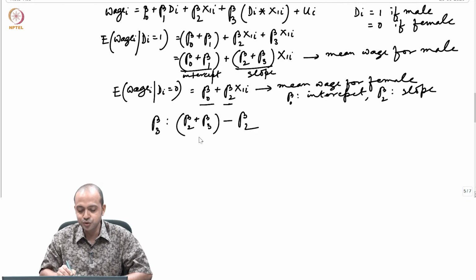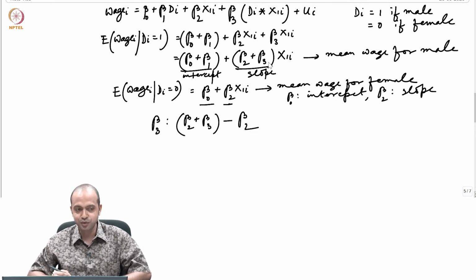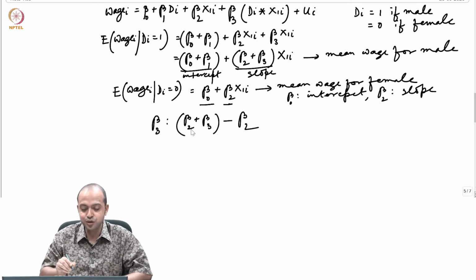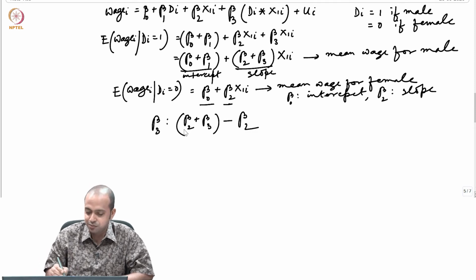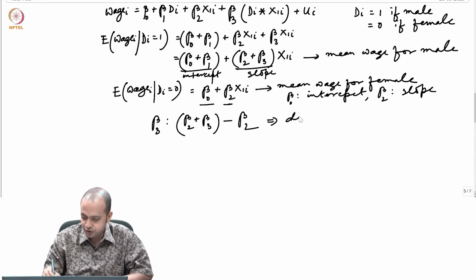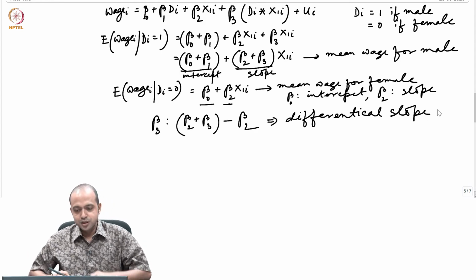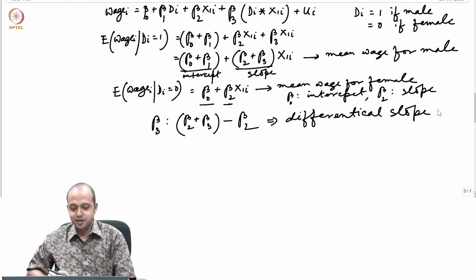Beta 3 equals beta 2 plus beta 3 minus beta 2. What is beta 2 plus beta 3? That is the slope of the mean wage function for the male category, and beta 2 is actually the slope of the mean wage function for the female category. That means, if you take the difference, beta 2 plus beta 3 minus beta 2, it tells you the differential slope. Okay? Differential slope. So, that means beta 3 basically indicates the differential slope.